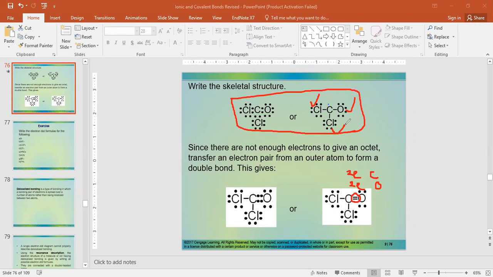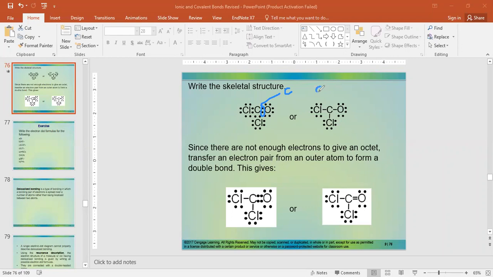So how are these 3 going to have 8 electrons? I'm sure you have no problem with the chlorine, isn't it? But now, after the chlorines have formed their bonds, these 2 electrons are going to be available in carbon for bonding.